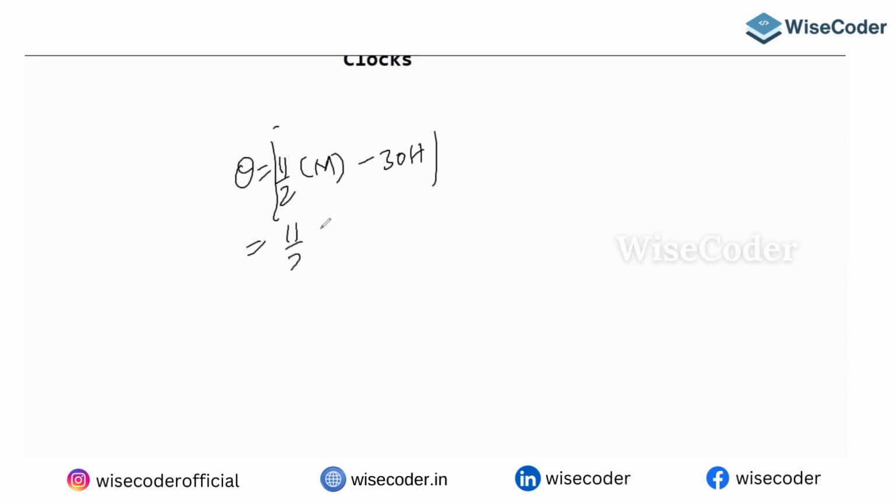So 11 by 2 m, the time is 14 minutes, minus 30 into 3 o'clock. So 11 sevens are 77, minus 90.